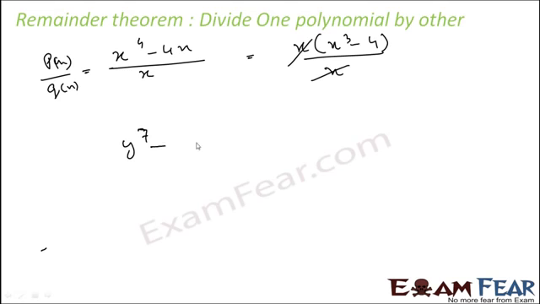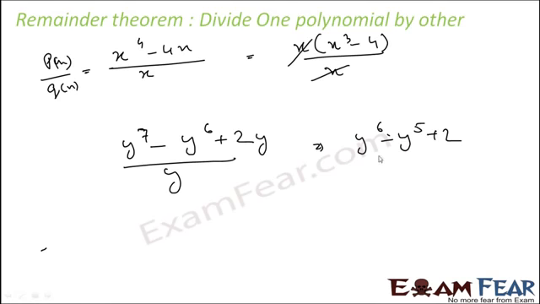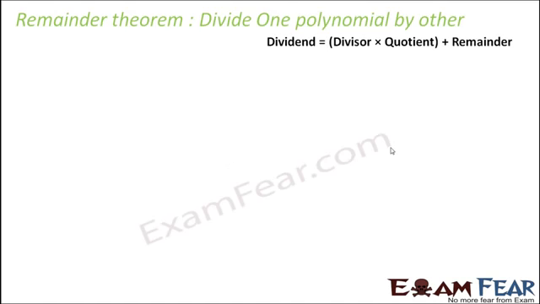Or let's suppose y to the power 7 minus y to the power 6 plus 2 divided by y. This will be a little difficult, but if there is a y here, we can actually do this. So this becomes y to the power 6 minus y to the power 5 plus 2. So you can actually divide 2 polynomials.